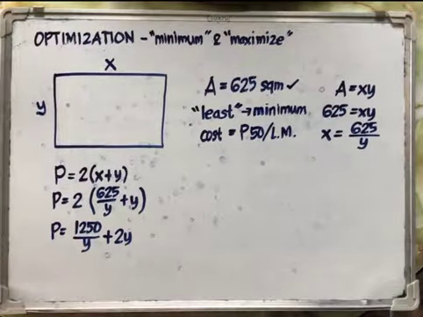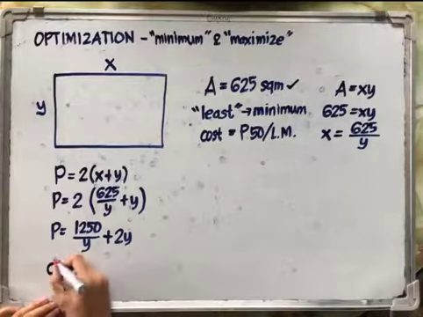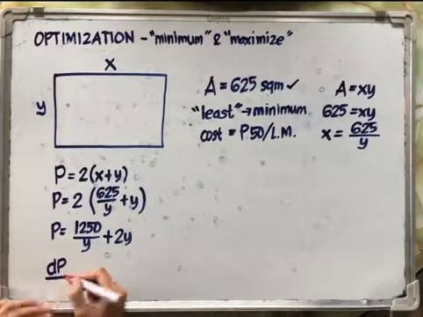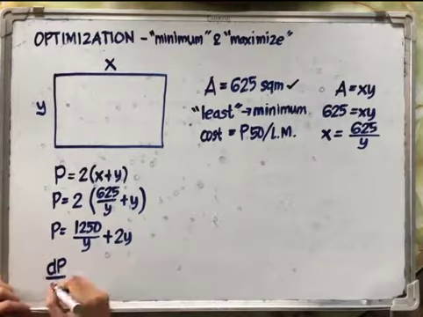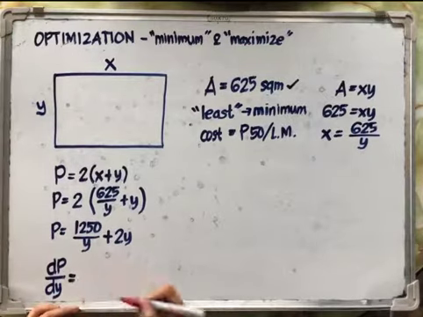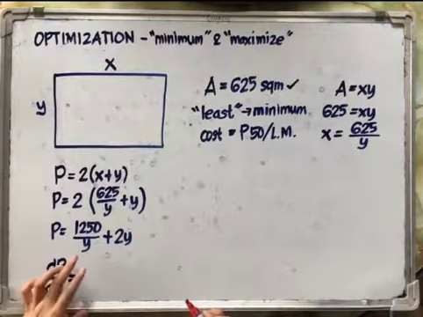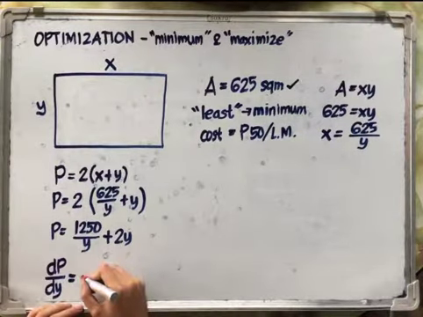Then, buta tayo doon sa third natin na step, which is differentiation. So, pwede mo siyang i-differentiate directly now. So, ang differentiation natin is itong variable na to over yung isang variable na natira. That should be dp over dy. Okay? So, differentiating this would be negative.